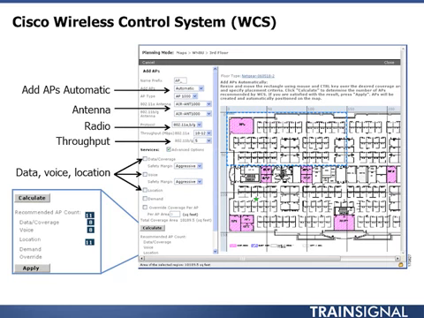You will see that it deploys significantly more access points if you select voice, and this is because it's assuming that the signal strength on the cell boundary is a lot greater than what it would be if you were just doing data.